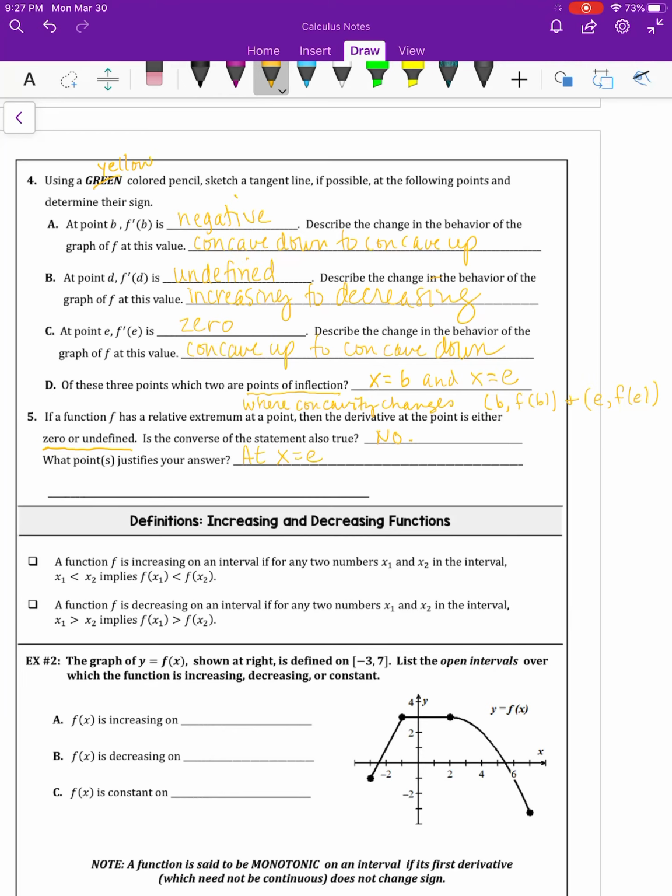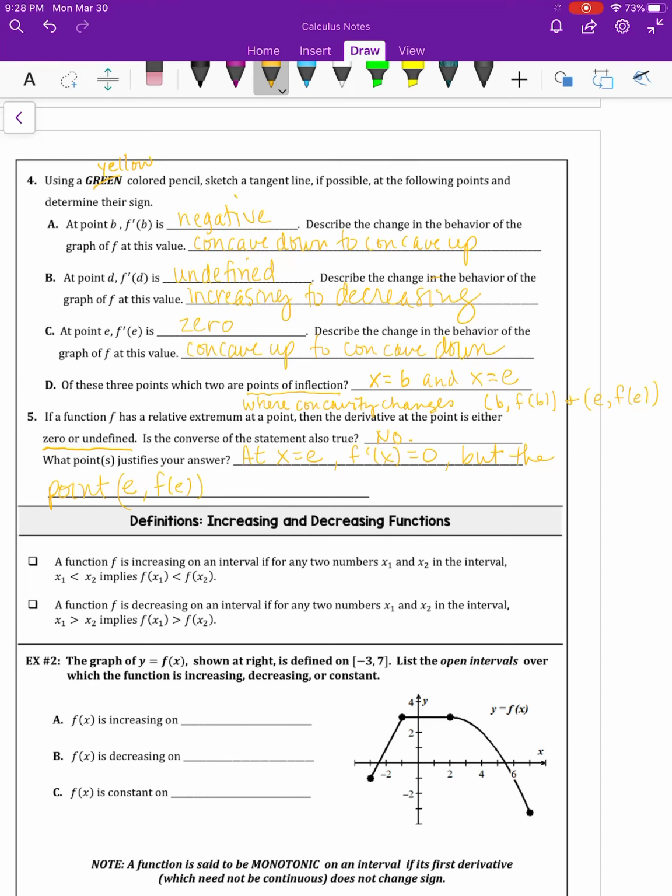Oops, I went too far. So what point justifies your answer? So we're going to say at x equals E, f prime of x equals 0.